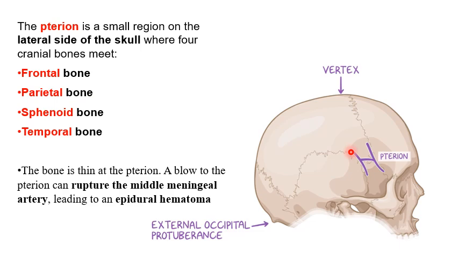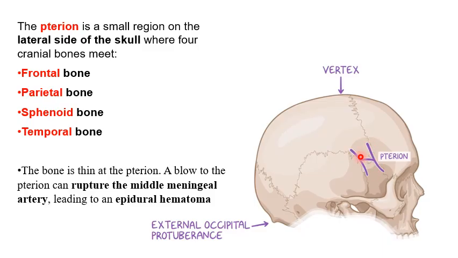Okay, so this is a small region in the skull where four different bones are meeting. We didn't talk about this bone here yet, right? We only talked about frontal, parietal, and temporal. But this bone over here is the sphenoid bone, a very, very interesting bone that we're going to talk about later today. Okay, it goes actually across your head.